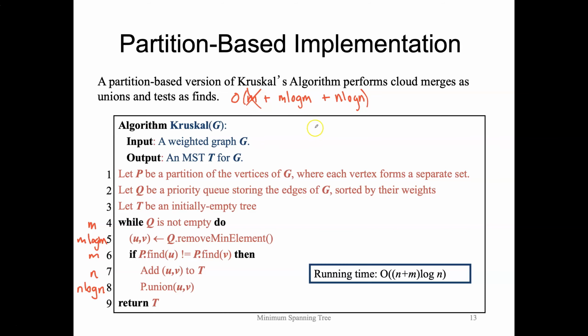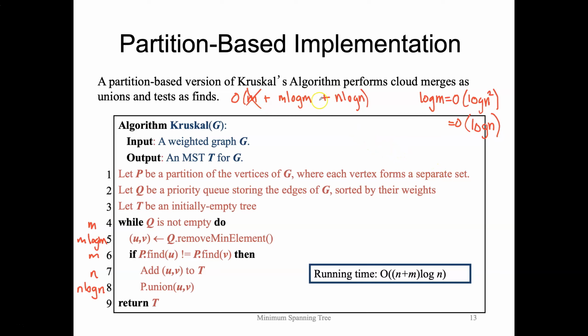Now between m log m and n log n, how do we combine this? Well, it's important to note that log m, because m is big O of n squared, is big O of log n squared. And from rules of logarithms, log of x to any power is that power times log x. So this is exactly equal to 2 log n, which means it's big O of log n.